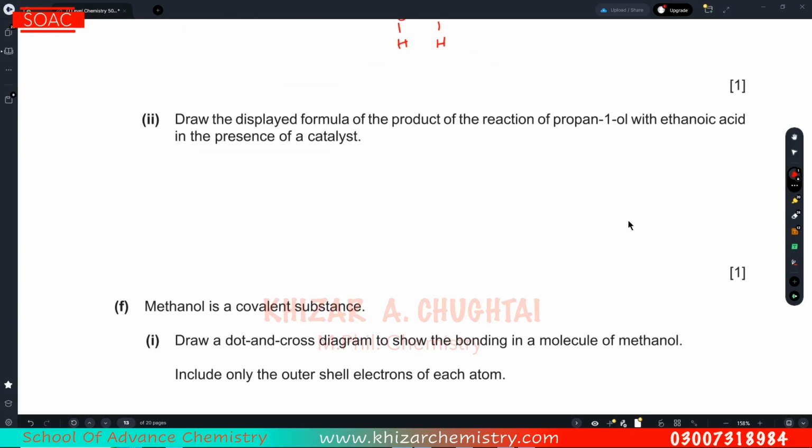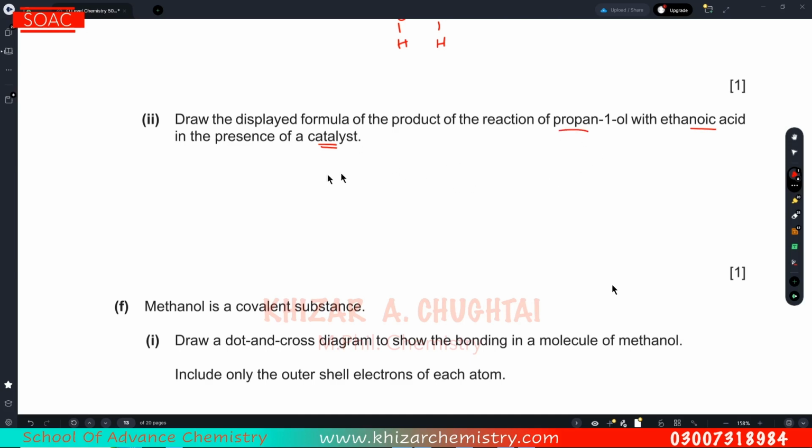Next one, draw a displayed formula of the product of the reaction of propan-1-ol with ethanoic acid in the presence of a catalyst. So if propan-1-ol is allowed to react with ethanoic acid, then it's going to make an ester. The catalyst is obviously an acid.